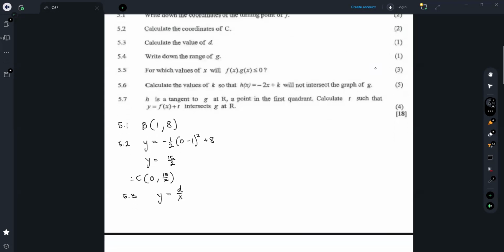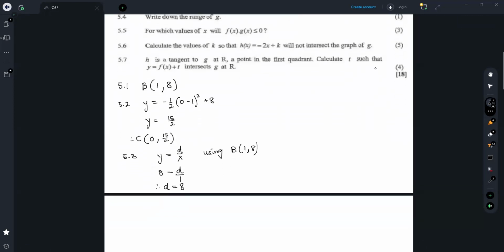So what is the y value? The y value will be 8. So using B, which is (1; 8), you can see that D, now anything divided by 1 is itself, therefore the value of D is equal to 8.